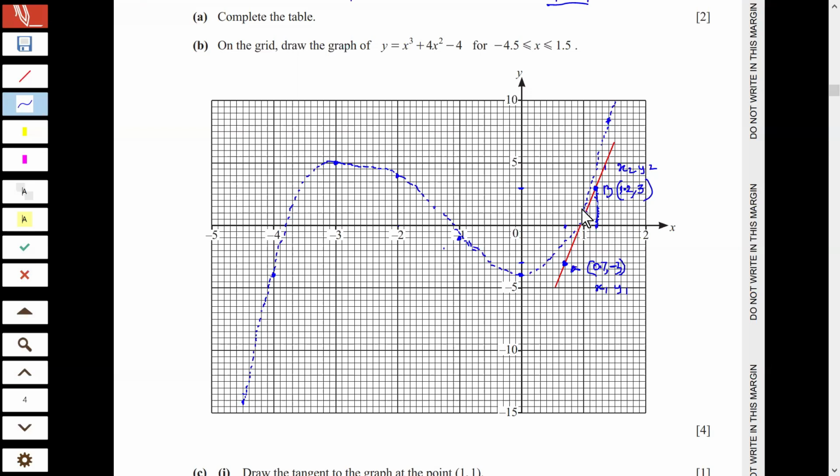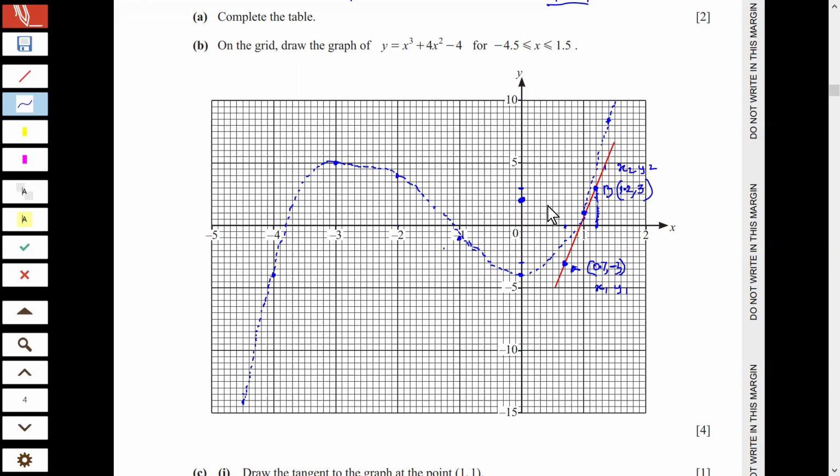So from the y-intercept, which is 2, let's locate the y-intercept from here. I've got 1 and 2. So this point is the y-intercept. Now from the y-intercept, I'm going to rise by 1 unit upwards and then run 1 unit to the right, because the gradient is 1.